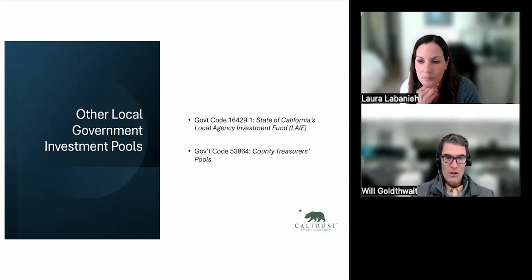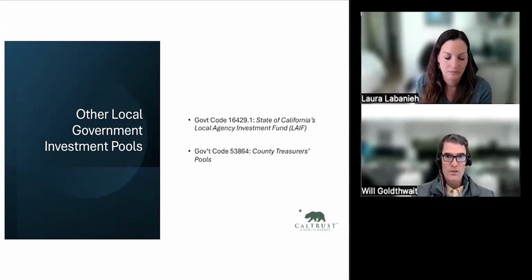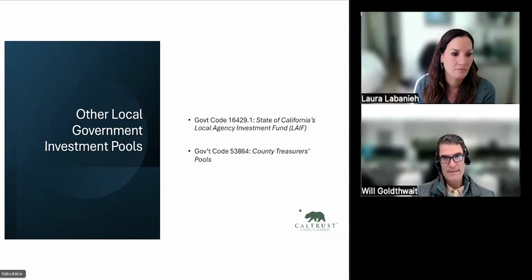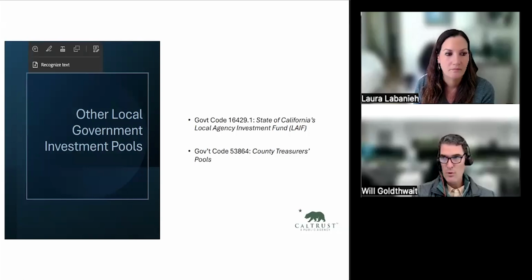So a general rule of thumb is that your holding period should be somewhat correlated to the duration of the pool, but there's a whole bunch of other attributes that go into that as well: maturity ladder, credit ratings, fund ratings, et cetera. And we'll dig into that a little bit more as we go.